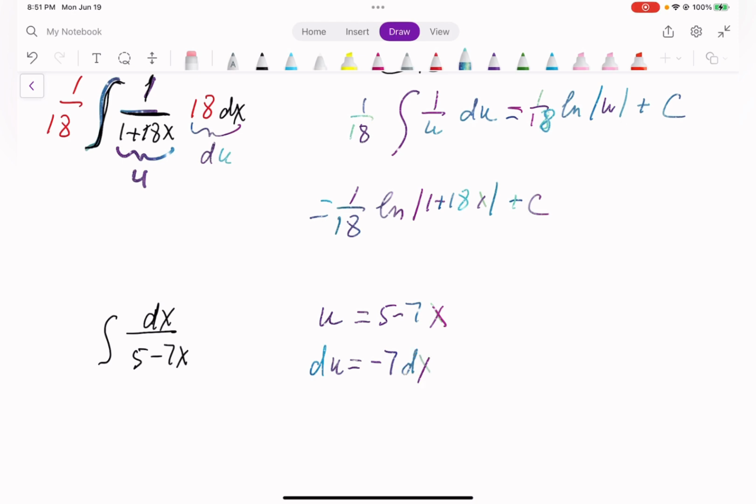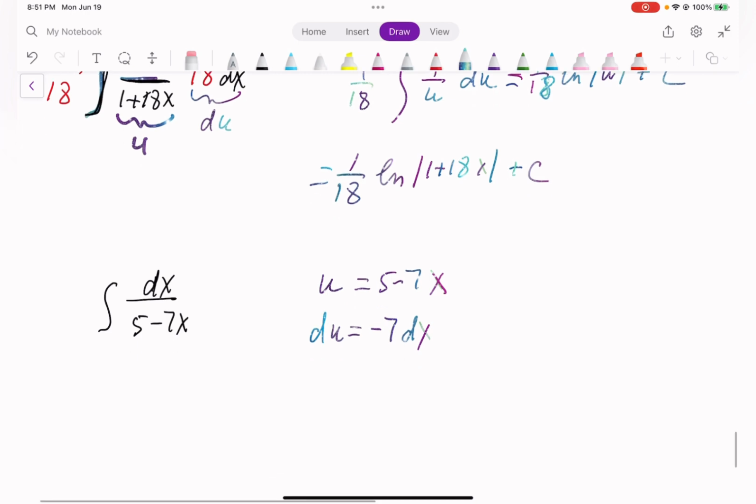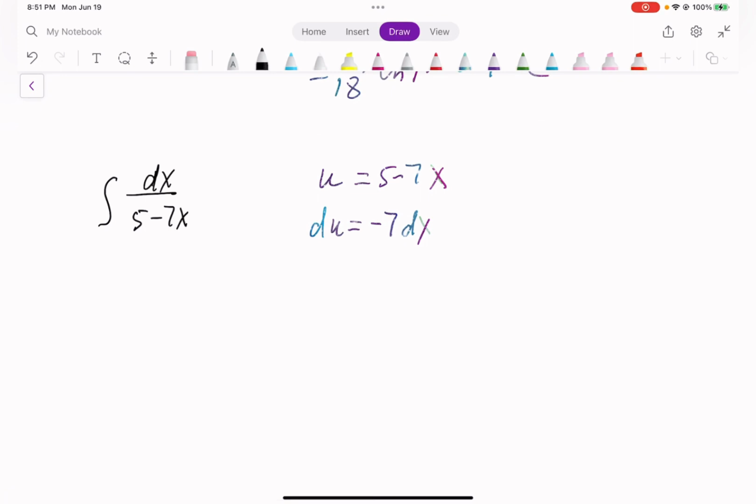So I need here negative 7. So I'm going to do the following. Negative 1 over 5 minus 7x, and here I am multiplying by negative 7 and dx.